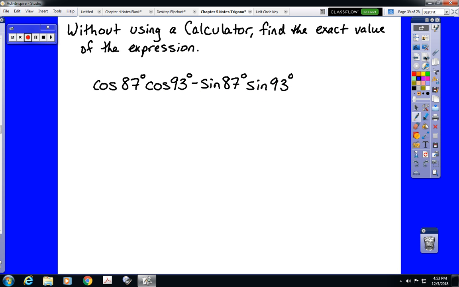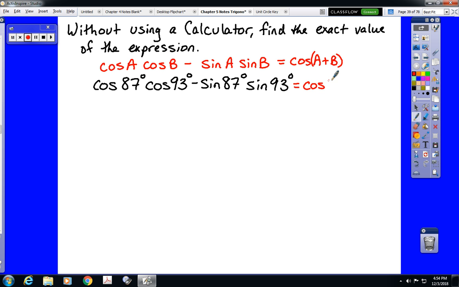Okay, we can also use these identities by using the other side first. For instance, if we look at this particular example here, we have the cosine of an angle times the cosine of a different angle, plus the sine of that first angle times the sine of the second angle. Oh, shouldn't be plus, should be minus. My mistake. Let's change that to a minus. That pattern is the same pattern as the cosine of A plus B. That allows us to rewrite this as the cosine of 87 plus 93.